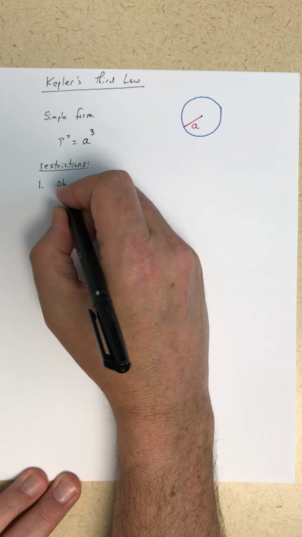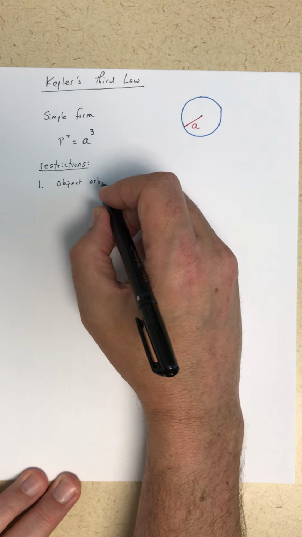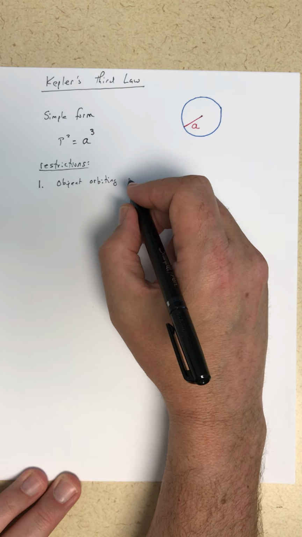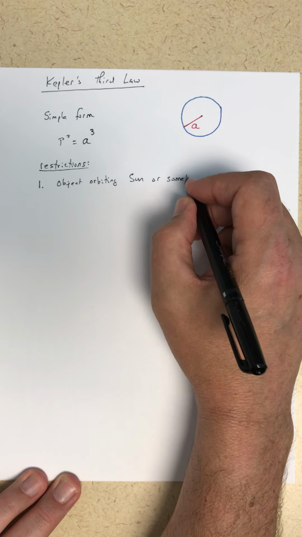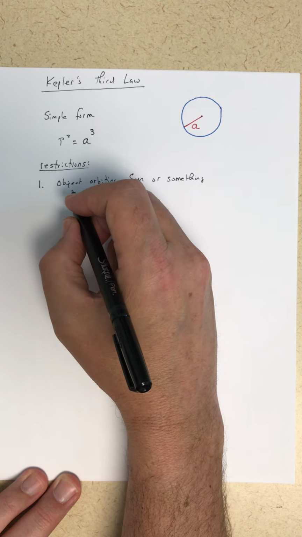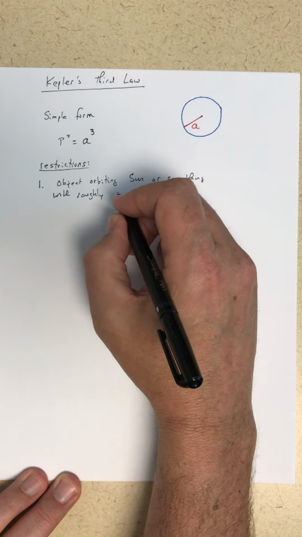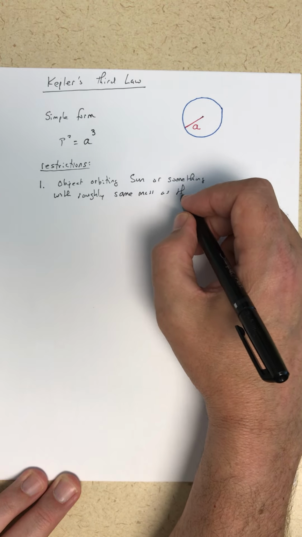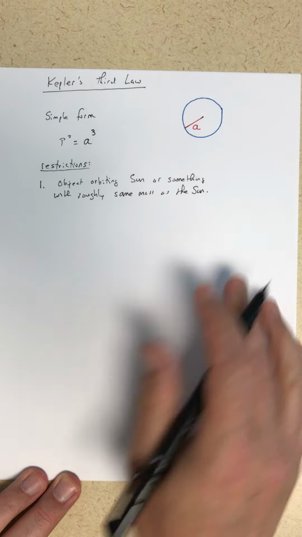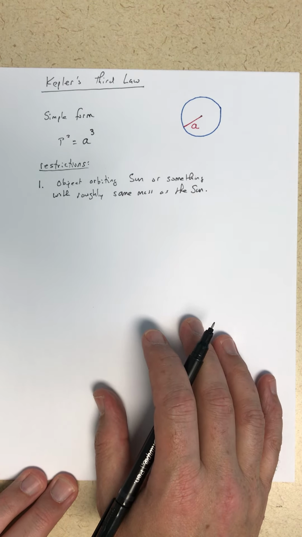First off is the mass that is causing the orbit. Either the object is directly orbiting the sun, or it's orbiting something with roughly the same mass as the sun.